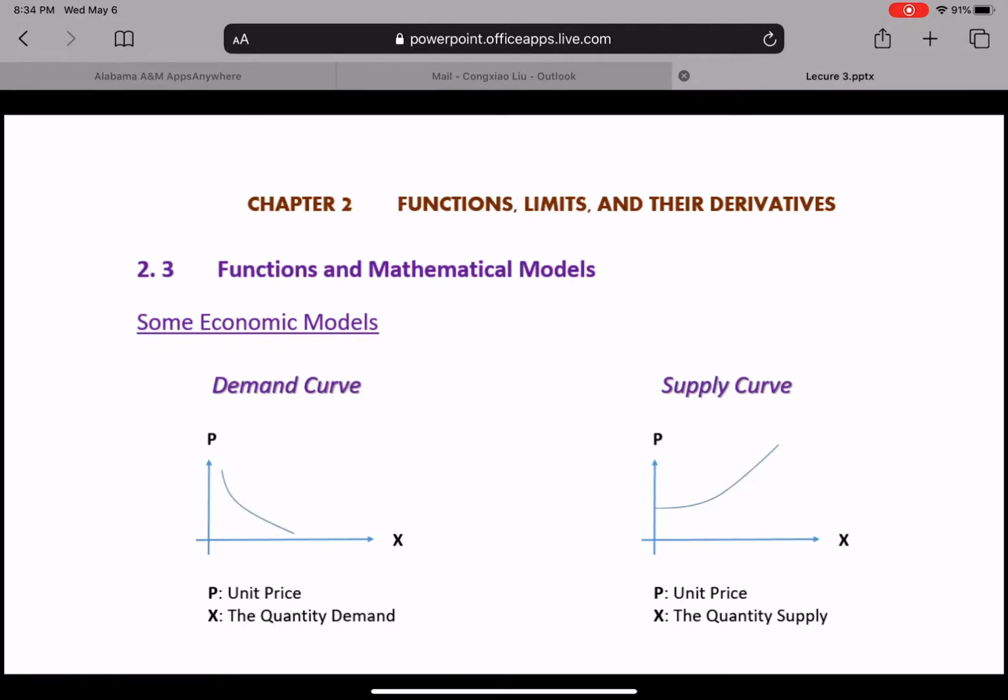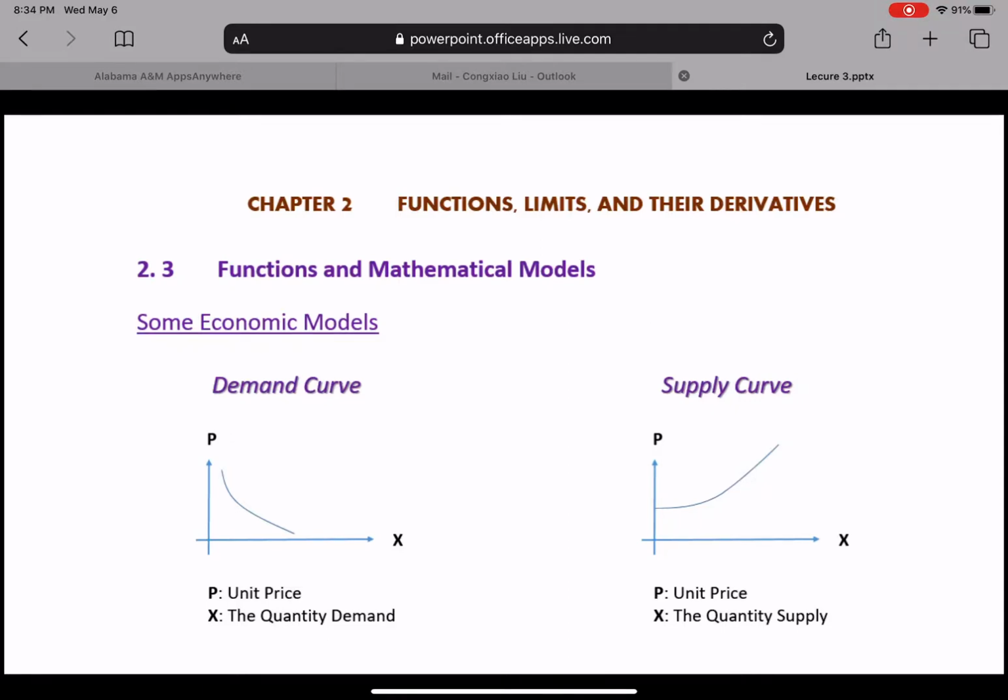The demand curve is on the standpoint of the customer. So the customer wants the price to go down as the quantity increases. So you see a decreasing function.